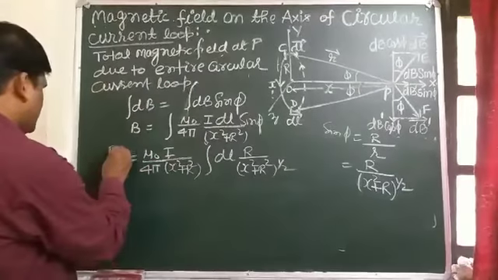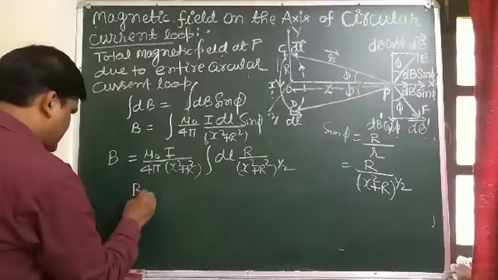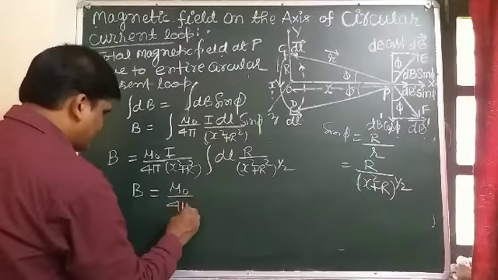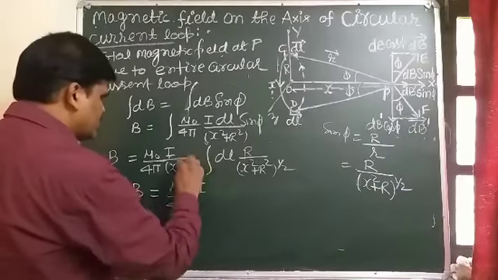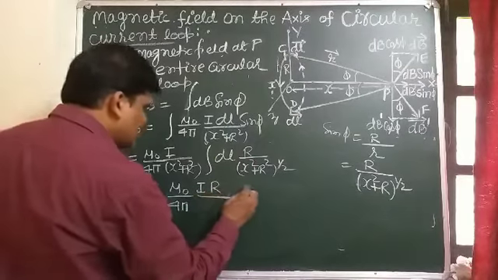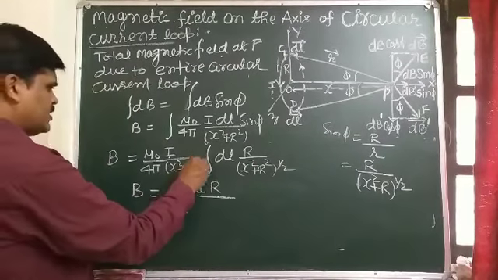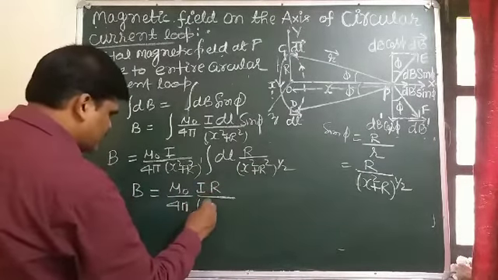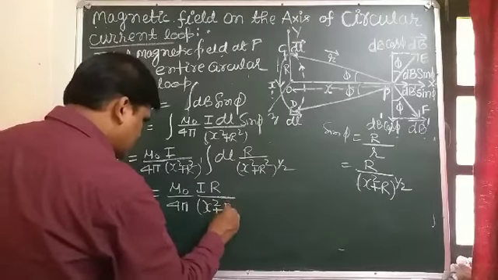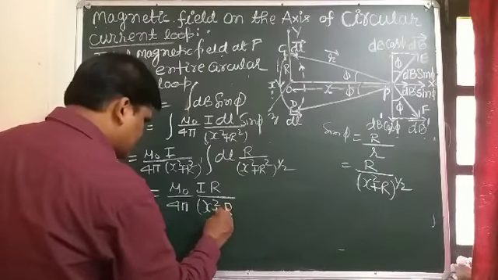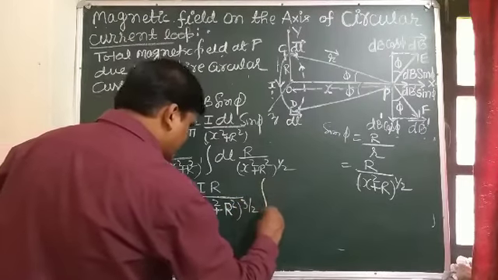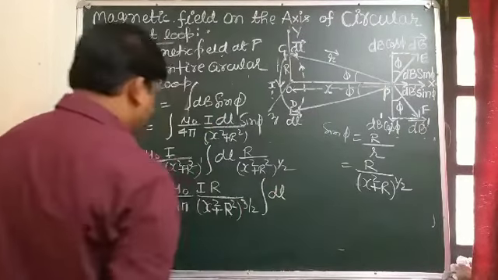And sin phi can be written as r by x square plus r square to the power half. So B comes out to be B equal to mu naught by 4 pi I, this r comes here, and x square plus r square, here 1, here half, so it comes out to be x square plus r square to the power 3 by 2, and the integration of dl.